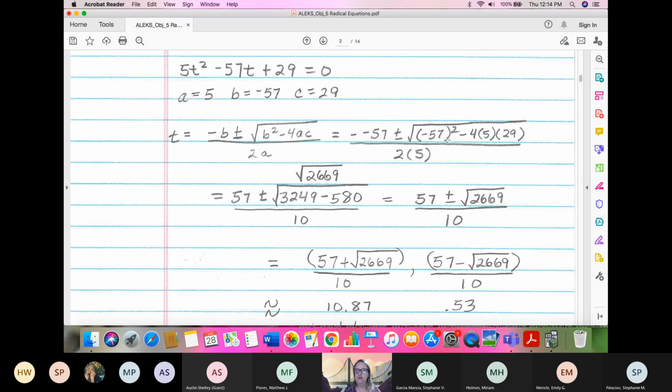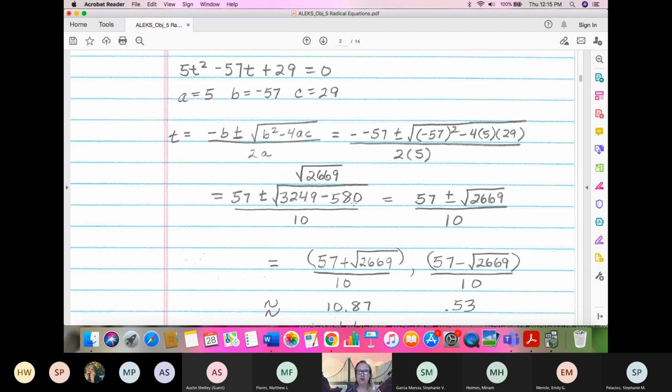So negative 57 squared. I'm going to take my calculator and do negative 57 times negative 57. And I get 3249. I get this number right here. And then minus, got only one negative here, so this is going to be a minus sign here. I'm going to do 4 times 5 times 29. And I get 580.